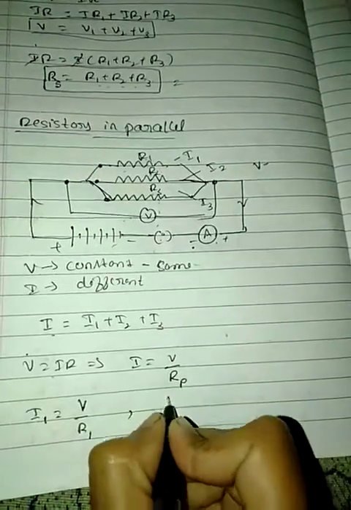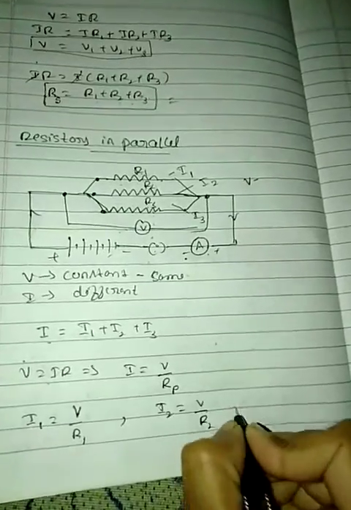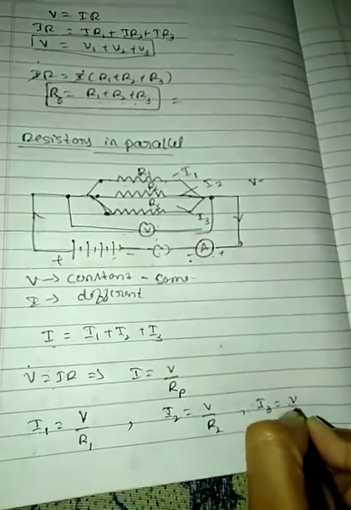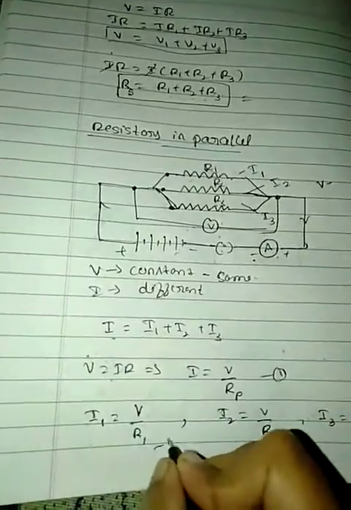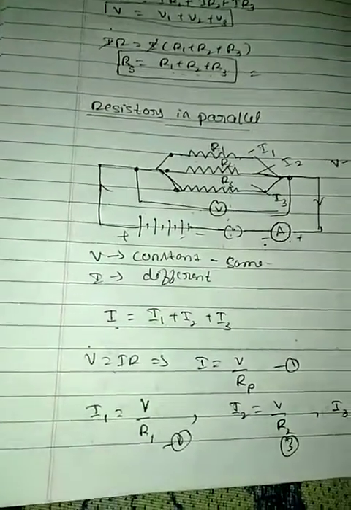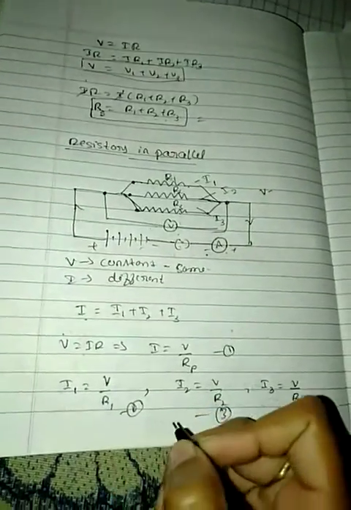The second one is I2 equals V by R2. The third one is I3 equals V by R3. So this is equation 1, equation 2, equation 3.